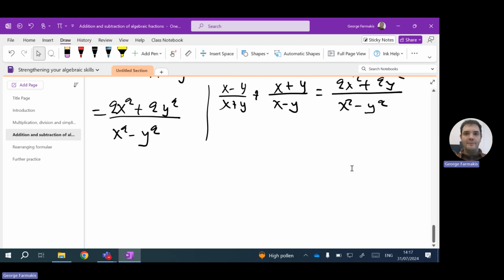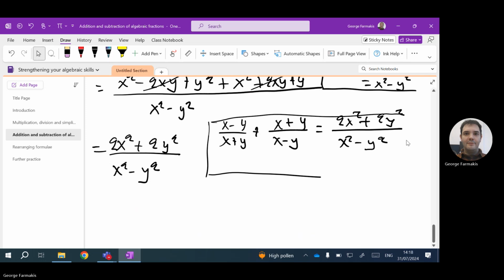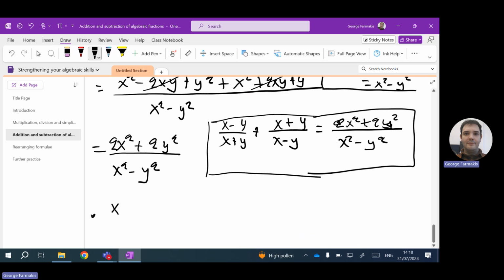Now, what we want to calculate is the following: (x minus y) over (x plus y) plus (x plus y) over (x minus y) minus 2.